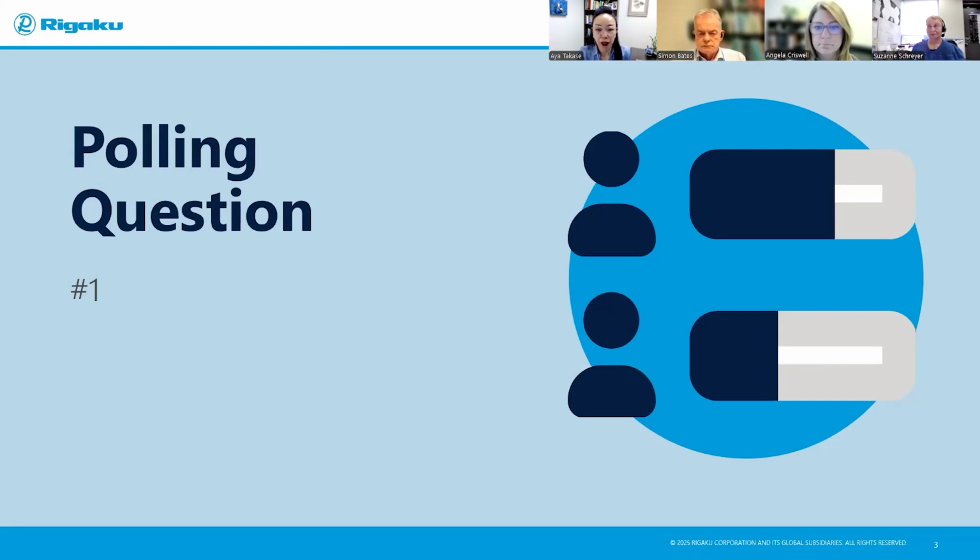I've seen a demonstration or read about it, or you've heard of it but never used it, or you might say not familiar at all. So answers are coming in fast. I'm going to give you a few more seconds. Okay, then I'm going to close the polling in 3, 2, 1.